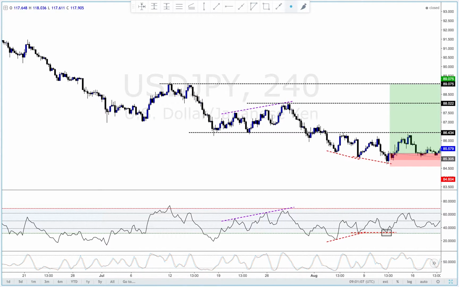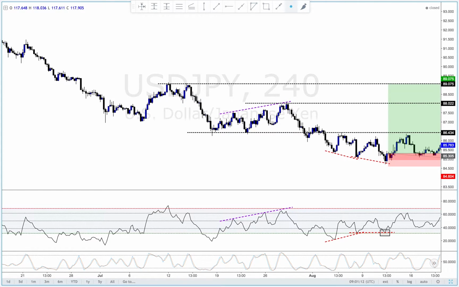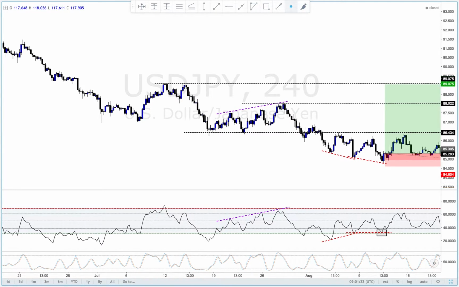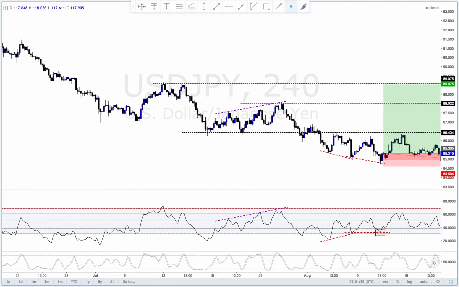Okay, RSI. So I'm watching for the trend following divergence, which is hidden, which means RSI makes a new high while price can't. So we're watching for that.